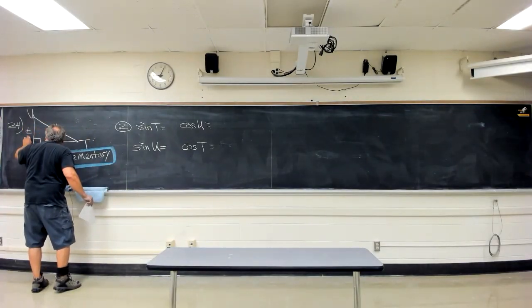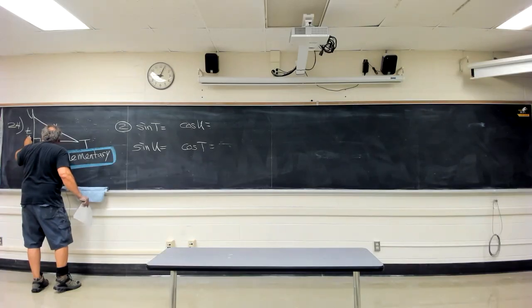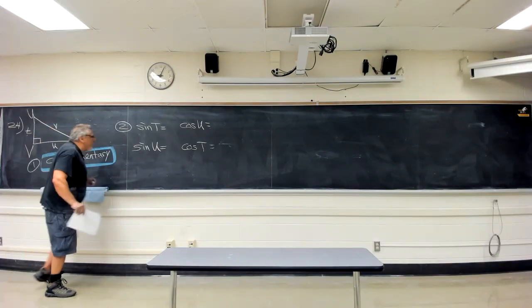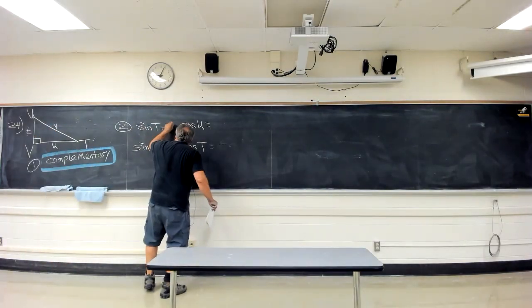The side opposite T is lowercase t, and the hypotenuse is V. So sine of T is t over v. These are lowercase, this is uppercase.